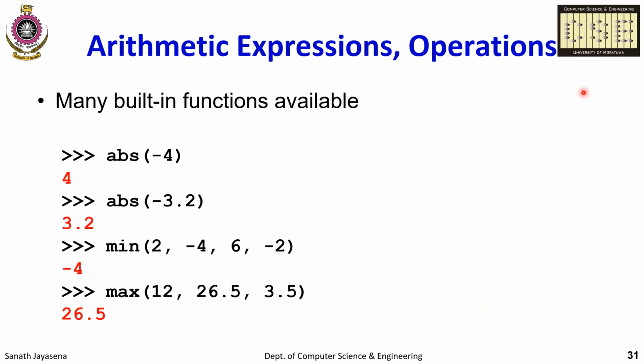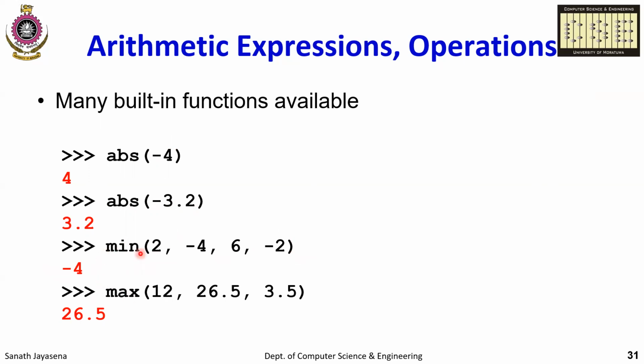These are some examples. And of course, you can use many built-in functions for various arithmetic operations or expressions. For example, ABS means absolute value. So the absolute value of -4 is 4. The absolute value of -3.2 is 3.2. You can get the minimum value of a list of numbers like this. The minimum will be returned.